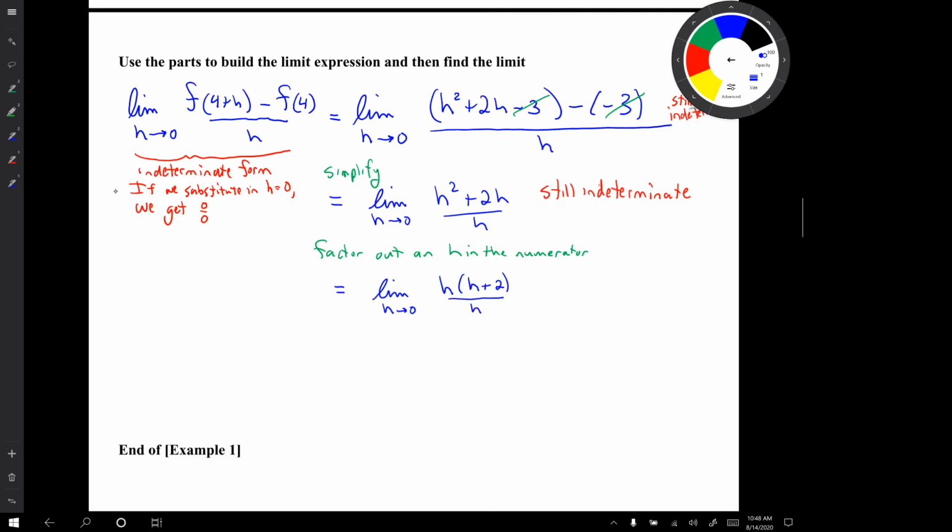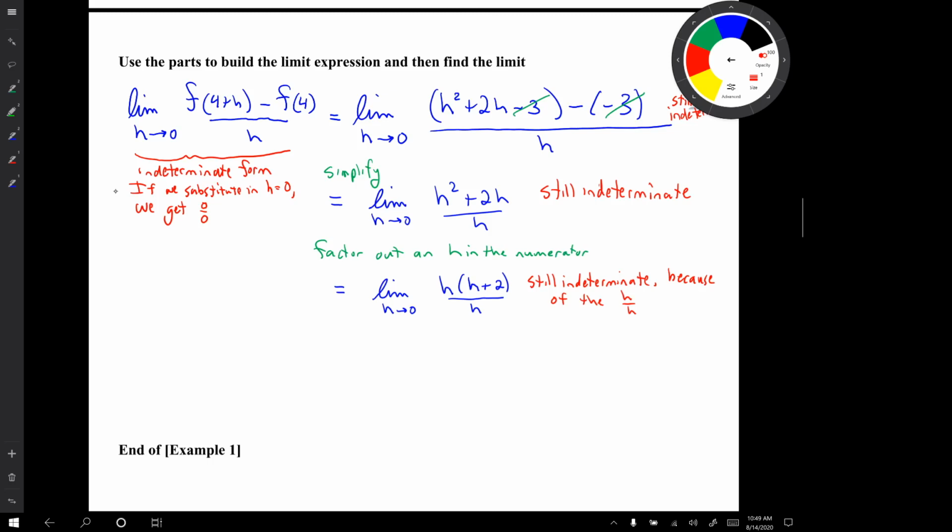Now at this point we can see that the expression is still indeterminate because if we substitute in h equals 0, we get 0 over 0. But in this form we can see very clearly why it's indeterminate. What's causing the expression to be indeterminate is now this h over h.